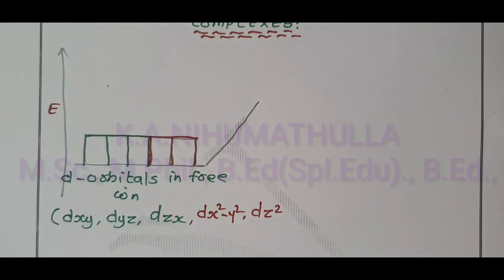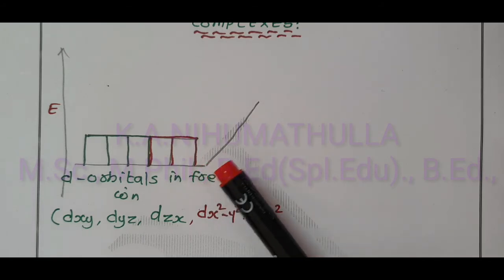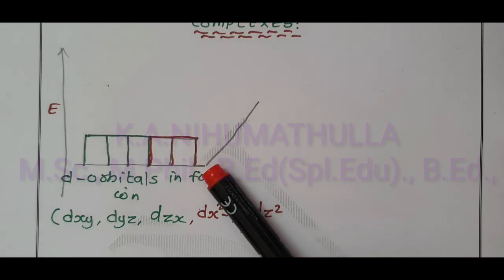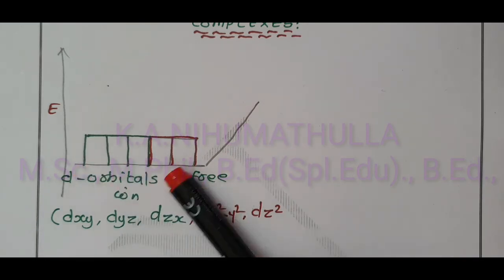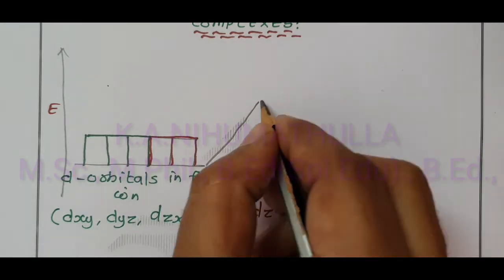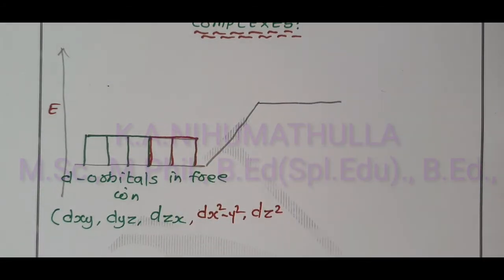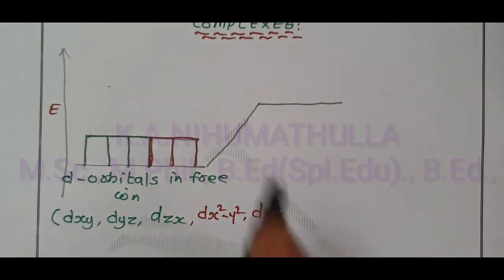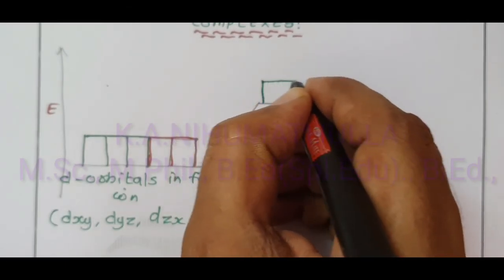When the ligand approaches the central metal ion, there is a repulsive force between the electron rich ligand and the vacant d orbital. Still all the d orbitals are degenerate. What is meant by degenerate? All the d orbitals having the same energy.